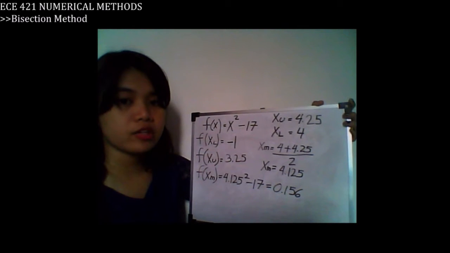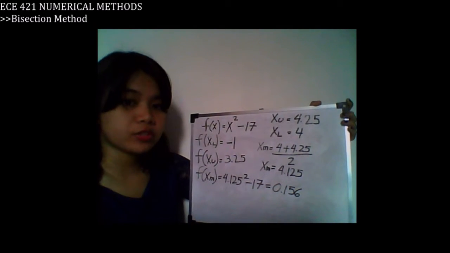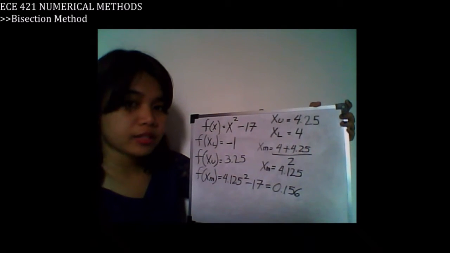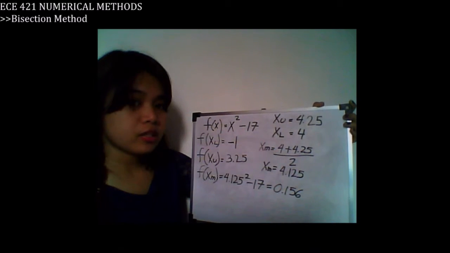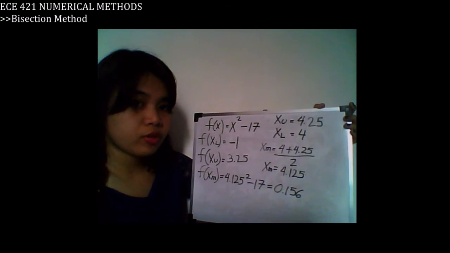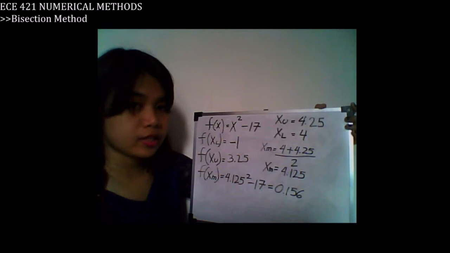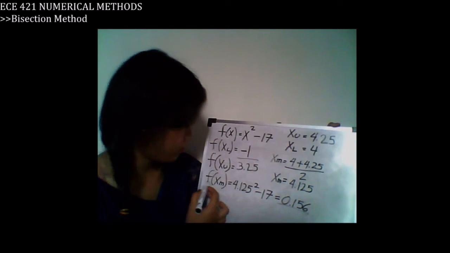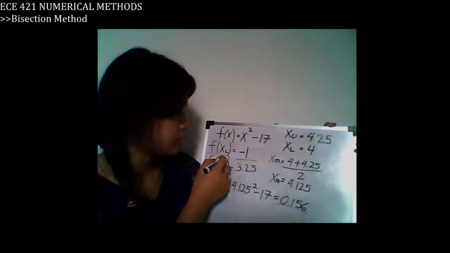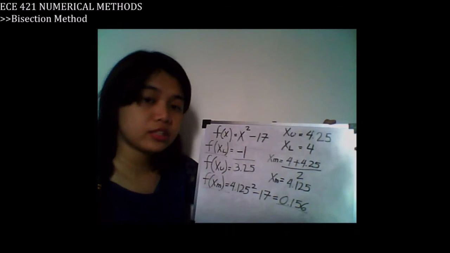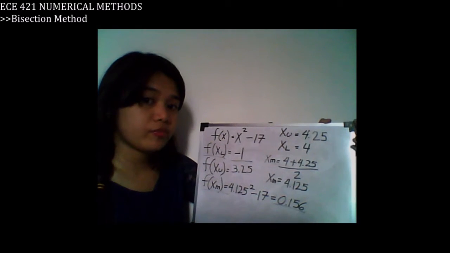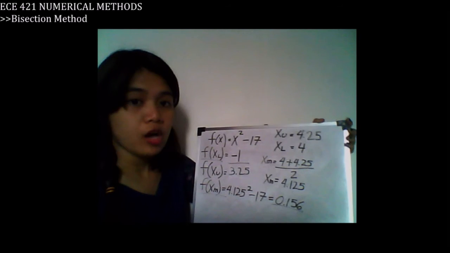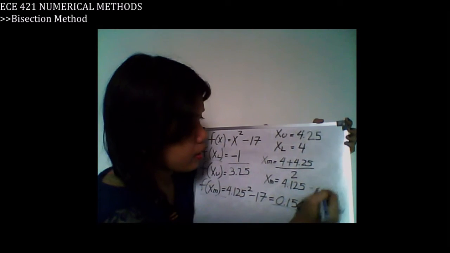We have the value of function of xl, function of xu, function of xm, xu, and xl. Let's satisfy the conditions for us to get xu and xl. If we multiply the function of xm and the function of xl, and the product will be less than 0, then our xm value will be our new xu value.